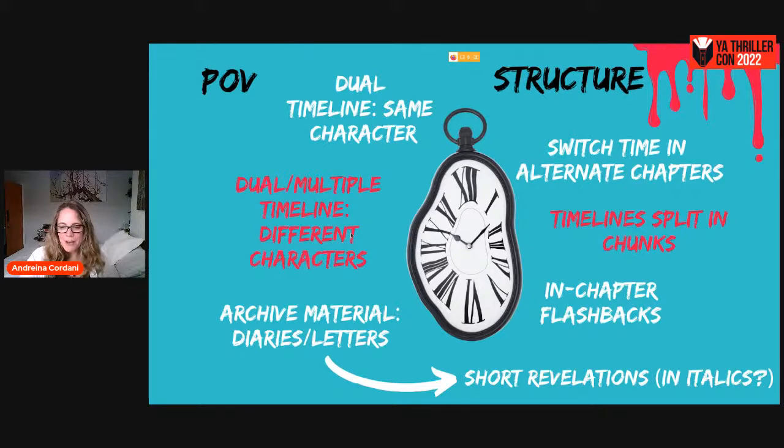So you can have your main character in the present day finding diaries and reading them, and then you go into them, or you could just have excerpts from the diary just plonked in the middle, as long as your reader understands what it's there for. If you do that, you don't necessarily have to switch in alternate chapters. Sometimes you can just do it in italics, short revelations as your character is reading them.